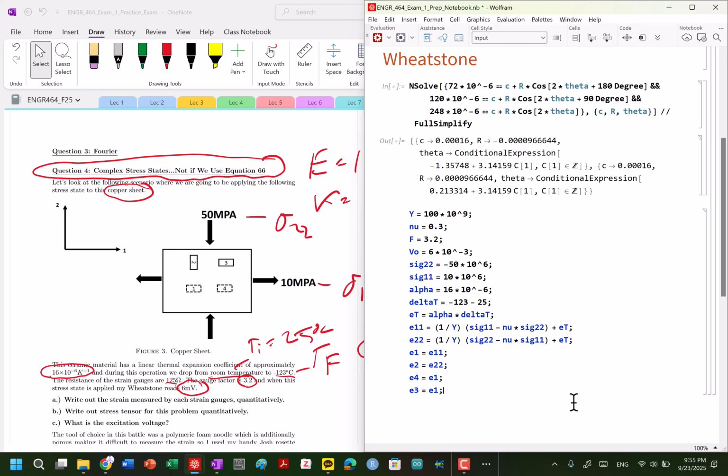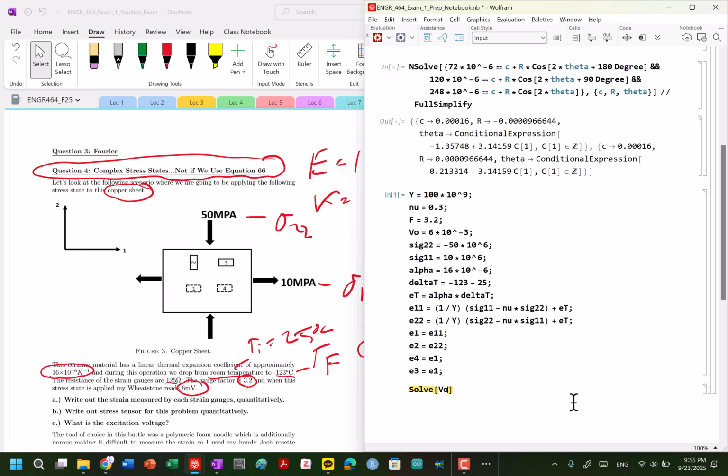And fantastic. So we're given all these values. So now let's see what we have left in our expression, because we want to set up the following system. We want to solve V naught divided by V excitation equals F divided by 4 times E1 minus E2 minus E3 plus E4.